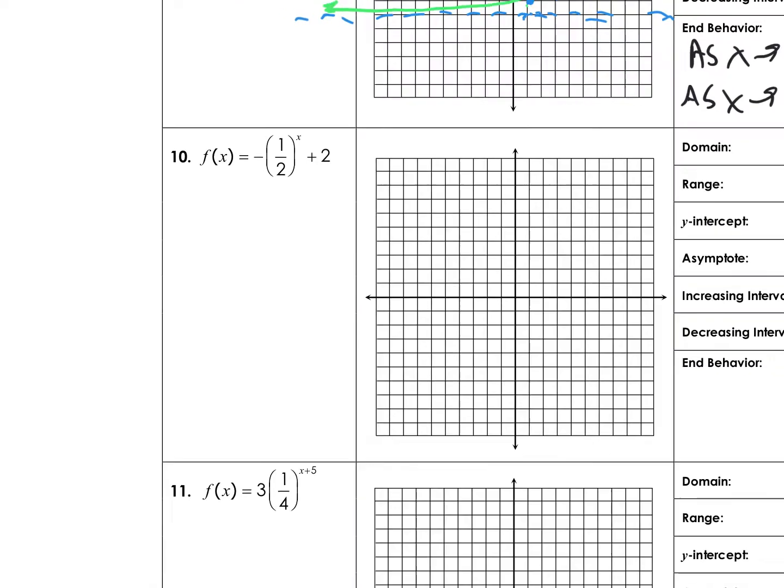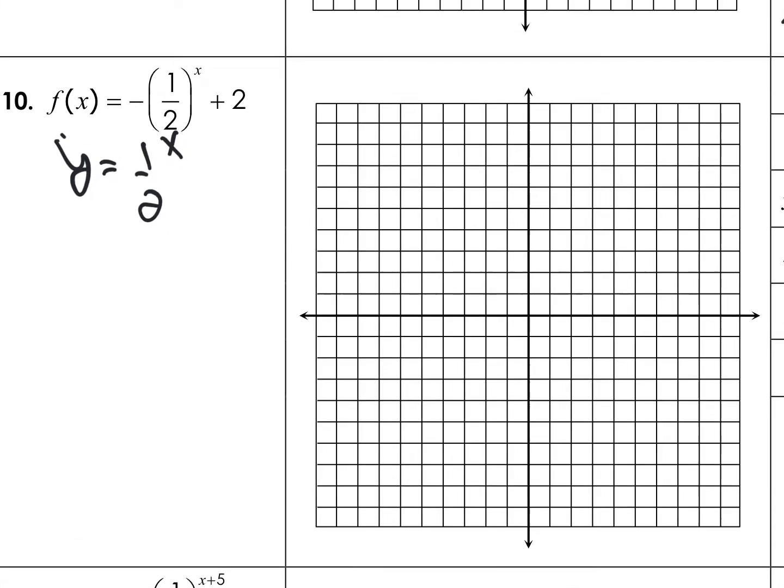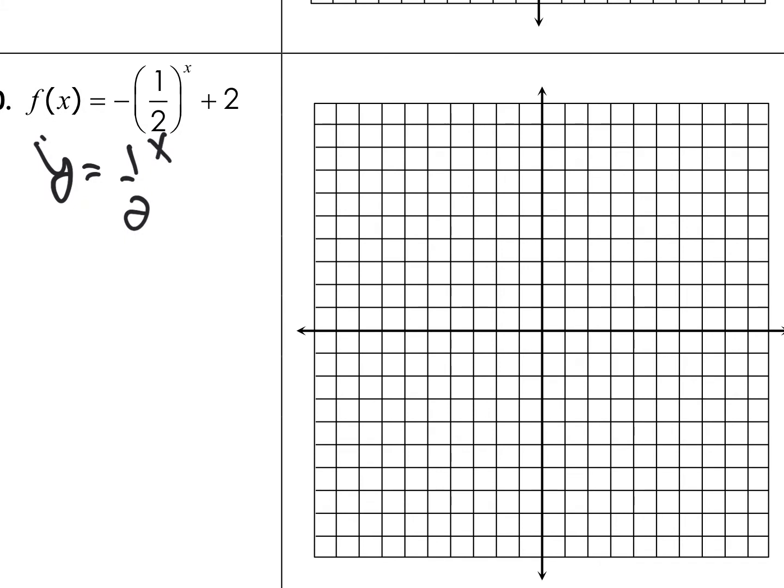All right. I'll do one more here with you. The parent is y equals (1/2) to the x. It's a decay. So let me do it with a light color. (0, 1) used to be the y. That's too thick.